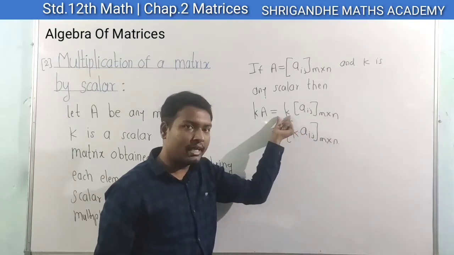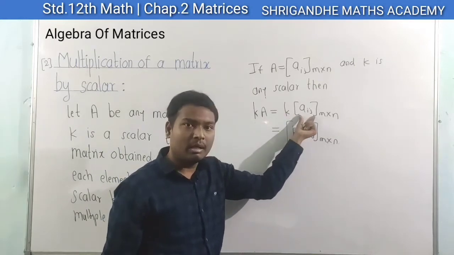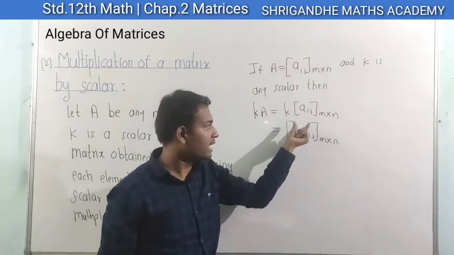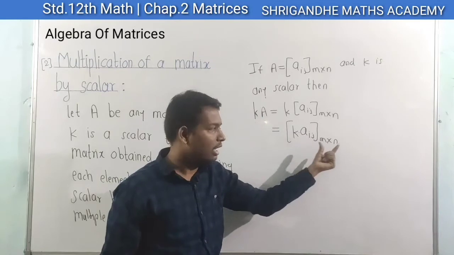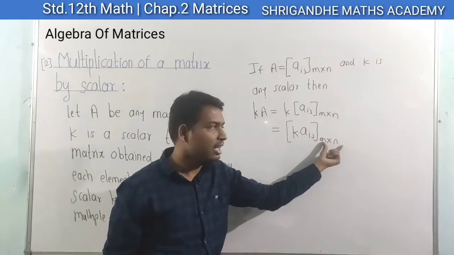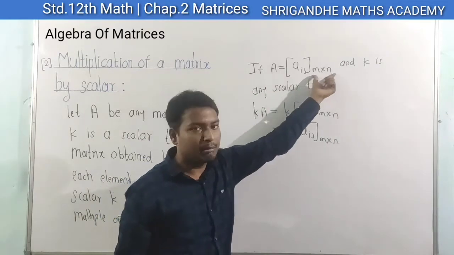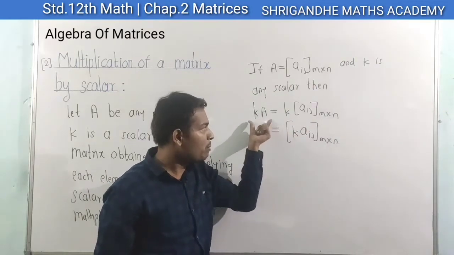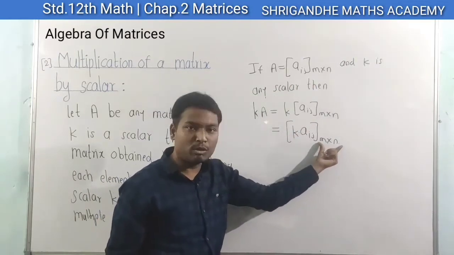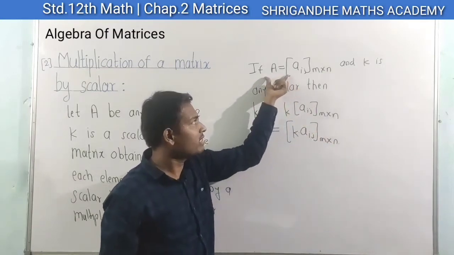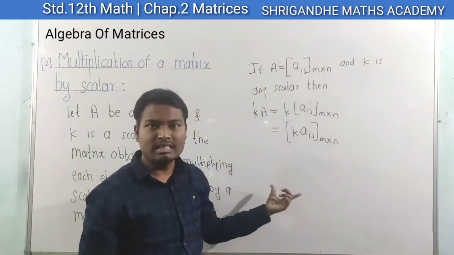This constant k we multiply with each element of matrix A, that is k a_ij having order m cross n, which means the order of matrix A is m cross n, and the order of matrix kA is also m cross n, so the order of the matrix and the scalar multiple matrix are the same.